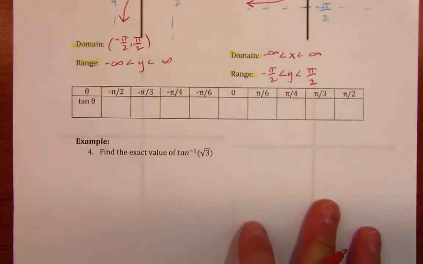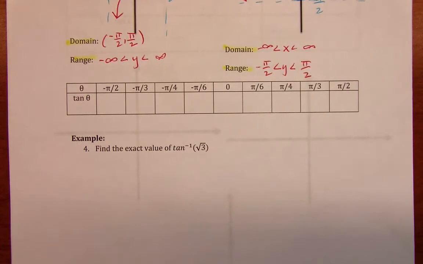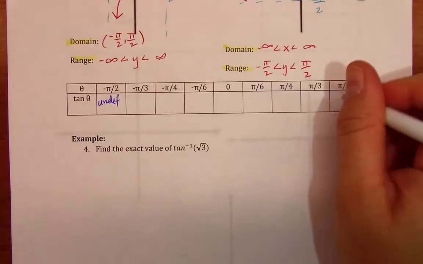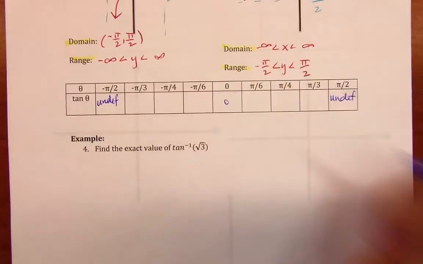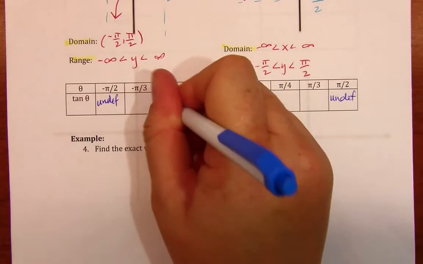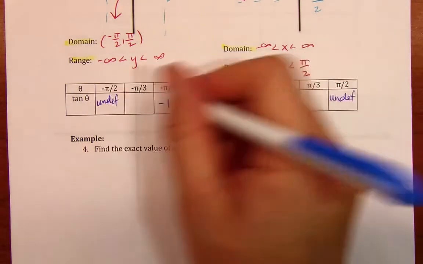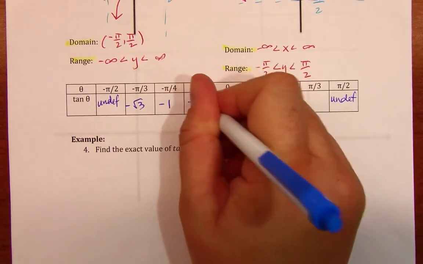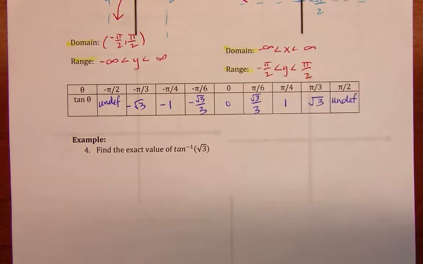Now, talking about evaluating inverse tangent like we did sine and cosine, let's go ahead and fill out our table here. So tangent at negative pi over 2 is undefined. That's where our asymptote is. Same thing at positive pi over 2. At 0, it's 0. At negative pi over 4, it's negative 1. Positive pi over 4, it's positive 1. And then at negative pi over 3, we have negative root 3, negative root 3 over 3, root 3 over 3, and root 3.